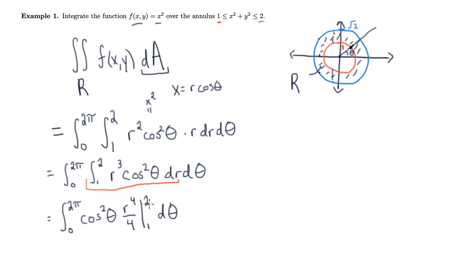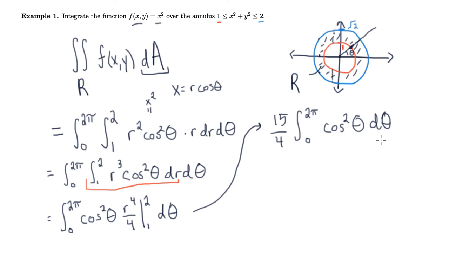Well, 2 to the 4th is 16, so 16 over 4 is 4. So I'm getting 4 minus 1/4. That's 16 over 4 minus 1 over 4, so it looks like 15 over 4. So I have 15 over 4 from this evaluation, and then times the integral from 0 to 2 pi of cosine squared theta d theta.